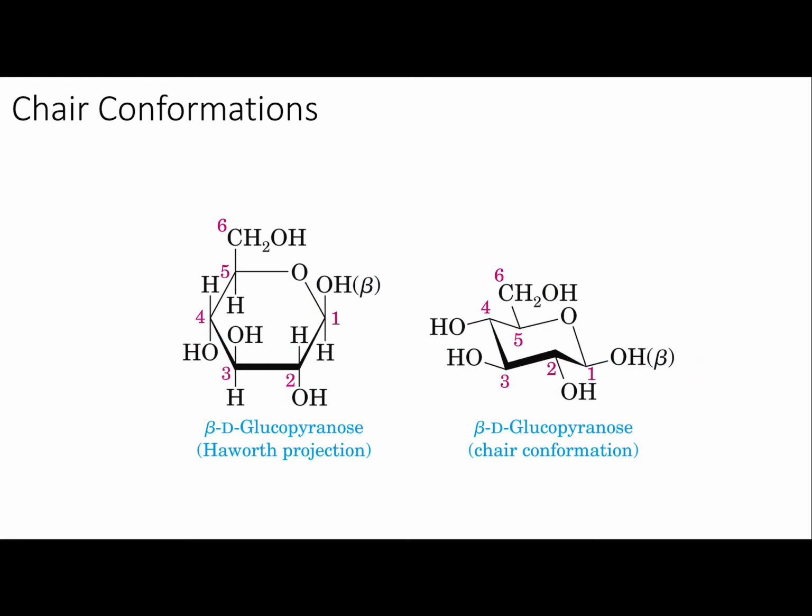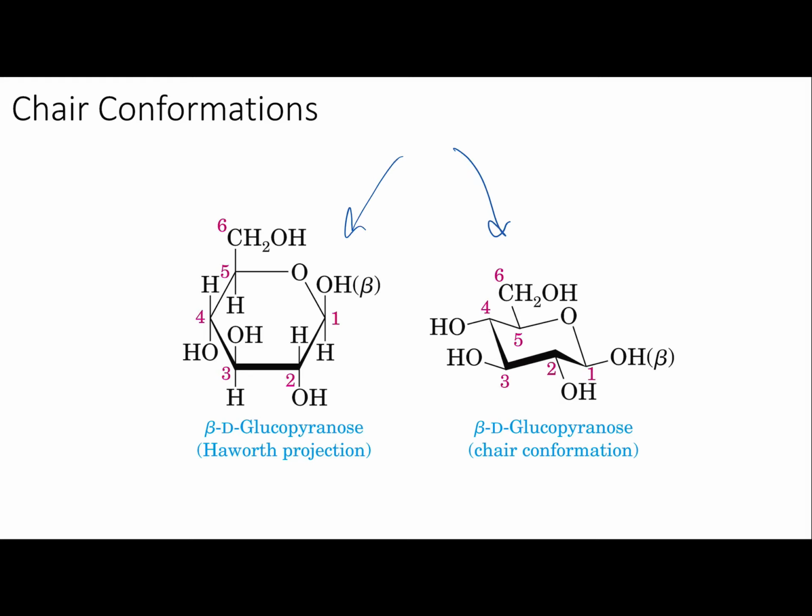And actually in both the Haworth projections and the chair conformations, the orientation of groups on carbon groups 1 through 5 is always going to be, well, actually, when we're talking about a specific sugar, so this is glucose in both examples, it doesn't change the fact that the groups are going to be the same way.